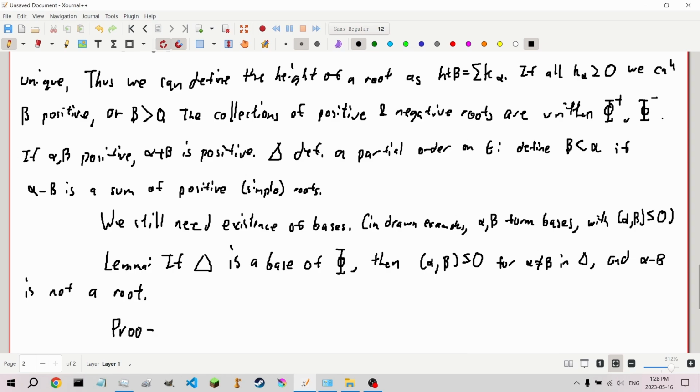We have the second part automatically from before, since alpha is not equal to positive or negative beta, then alpha minus beta would be a root.